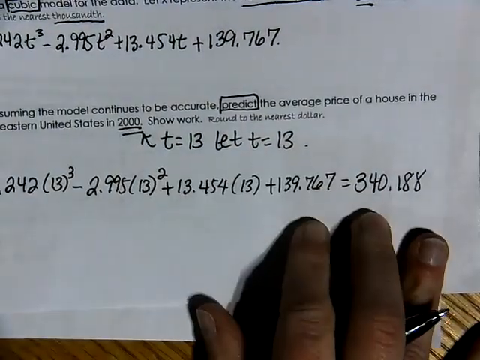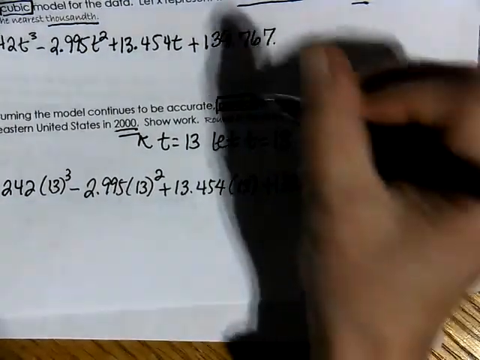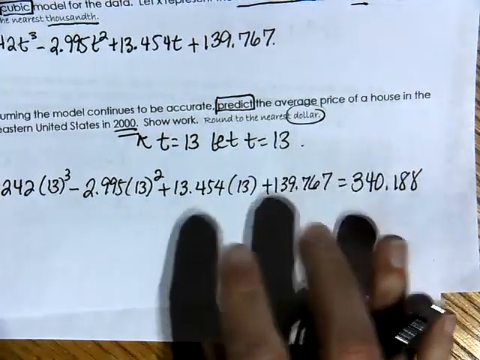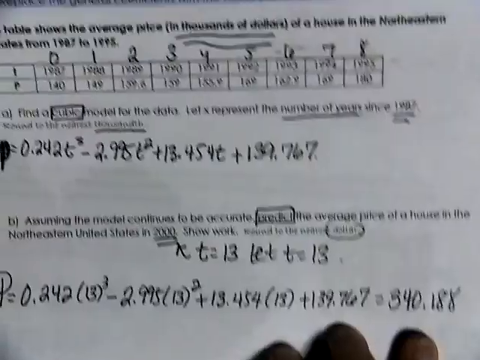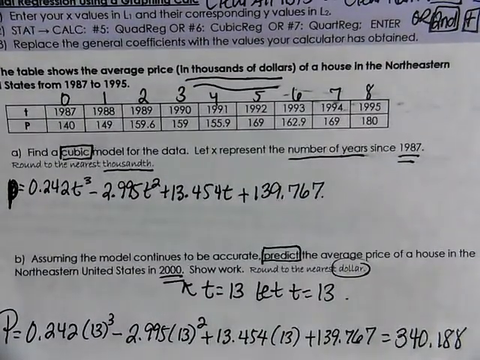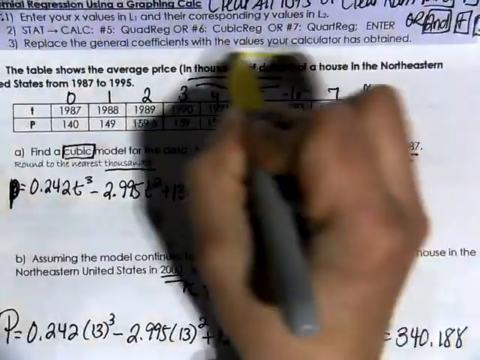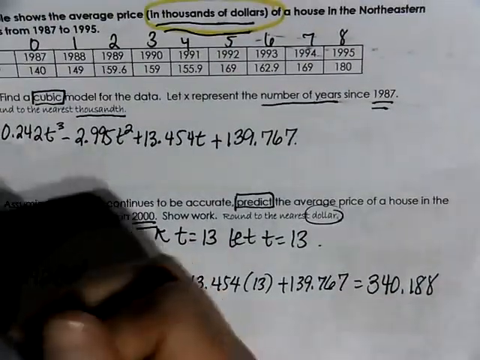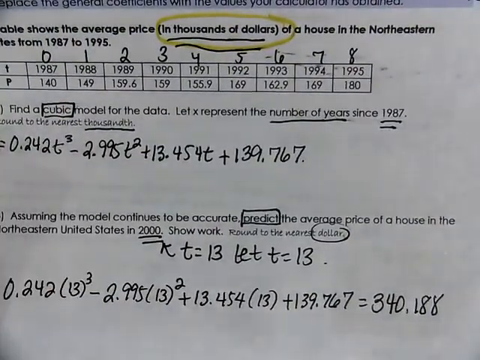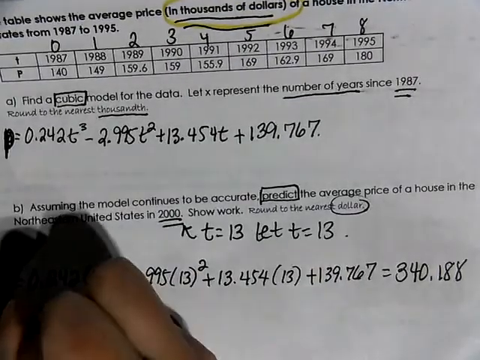Don't leave your answer like this, though. Think about it. We want to round our answer to the nearest dollar, and the nearest dollar isn't $340. From the very beginning, we were talking about in thousands of dollars. So really, this is 340.188 times 1,000.